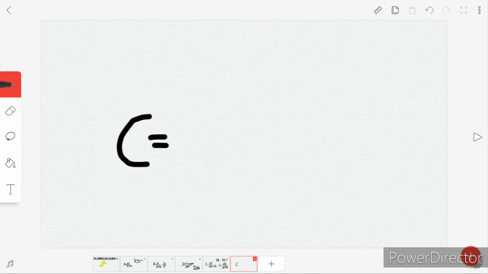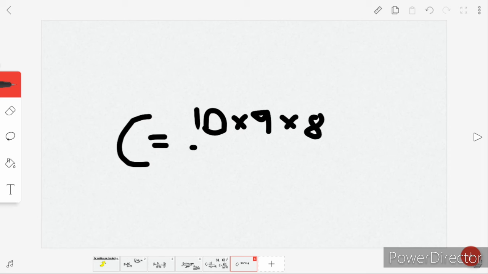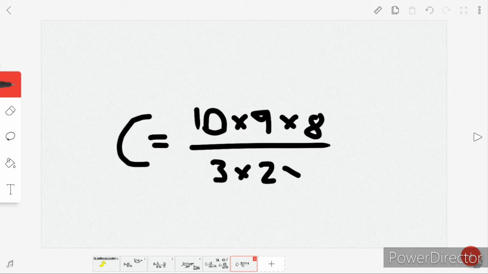So we can cross everything out. We just take 7 factorial out. We do 10 times 9 times 8, because everything behind is already taken out by 7 factorial, divided by 3 times 2 times 1, which is basically just 3 factorial, right? So now we have 10 times 9 times 8, which is 720, divided by 6.